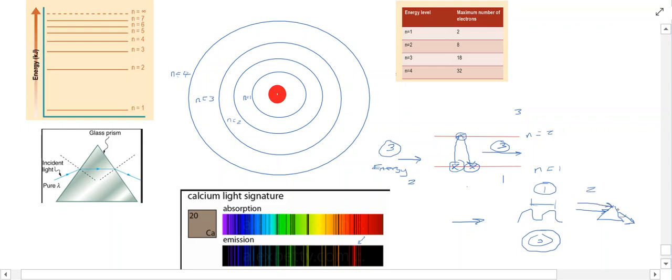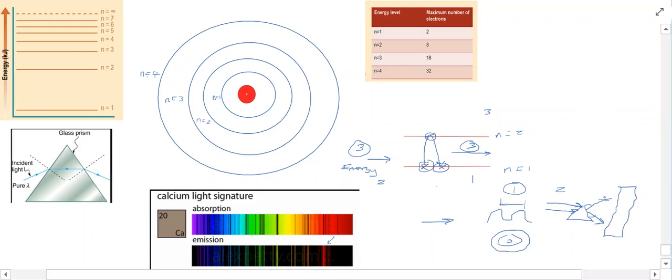It will be diffracted in a different way; the angle, the way that it's bent, would be different. Then we can shine these onto a background, and this wavelength that has an energy value of 2 will show up as a band here, and this wavelength with an energy value of 1 will show up down here. And that essentially is what a spectra is when we look at a line spectra.